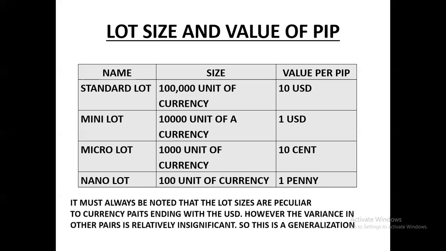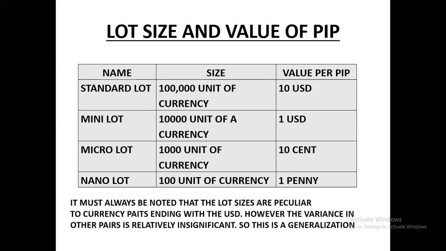Now, it must always be noted that the lot sizes are peculiar to currency pairs ending with the USD. However, the variance in other pairs is relatively small, so we can use this as a way of giving a general concept for all other currency pairs.